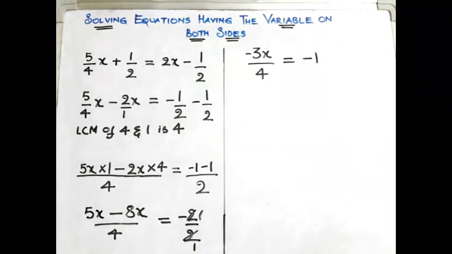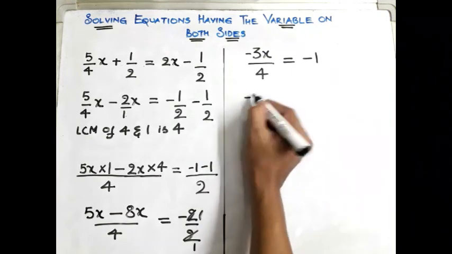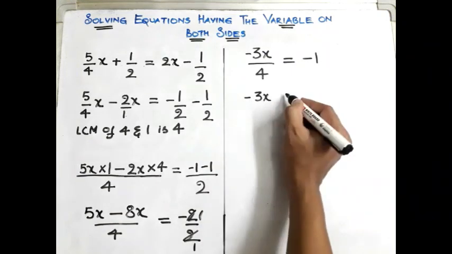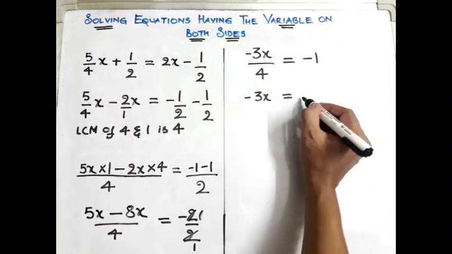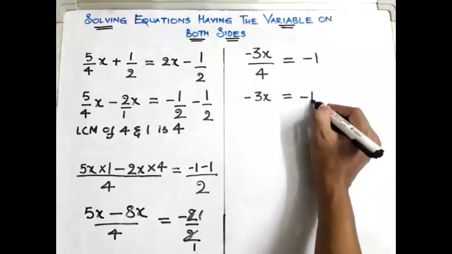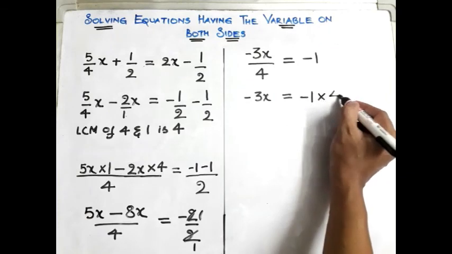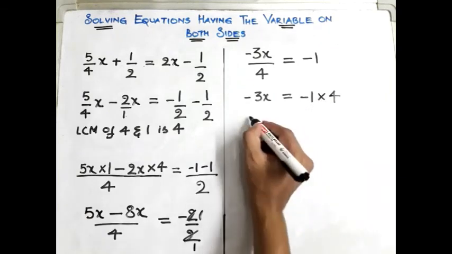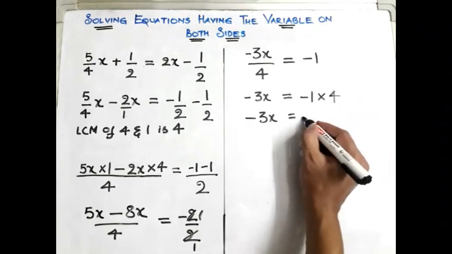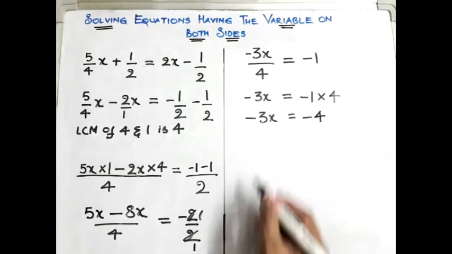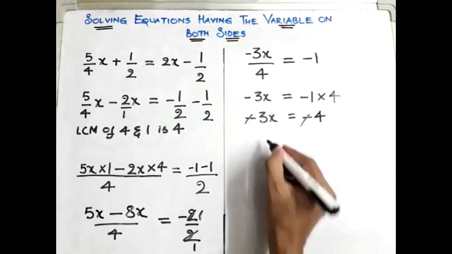Now look, so minus 3x by 4 is equal to minus 1. As 4 is in division here, if we transpose it to the other side, it will become multiplication, minus 1 into 4, which gives minus 3x is equal to minus 1 into 4, which is minus 4. As you know, we can cancel this minus and minus.